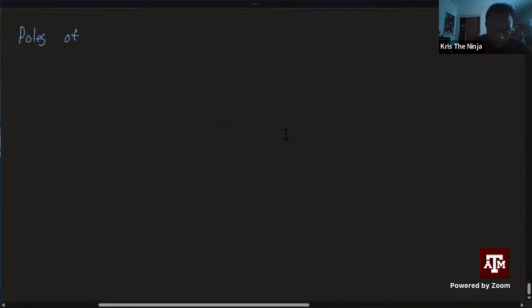The poles of a transfer function in the S domain.